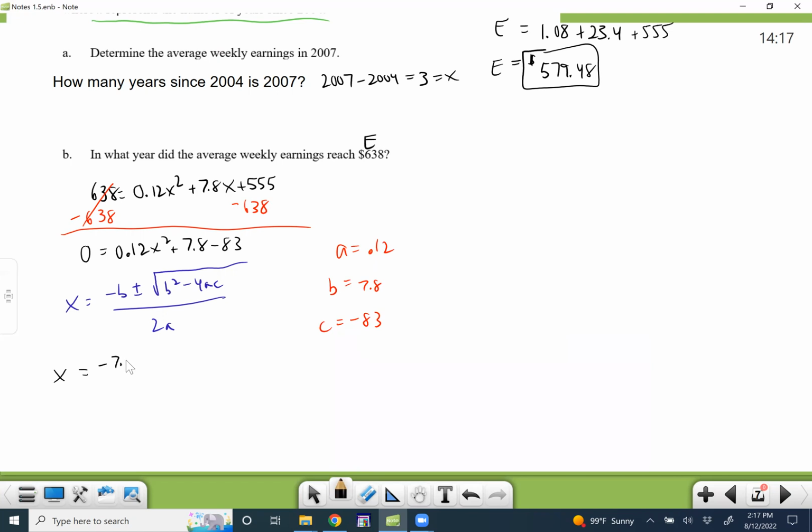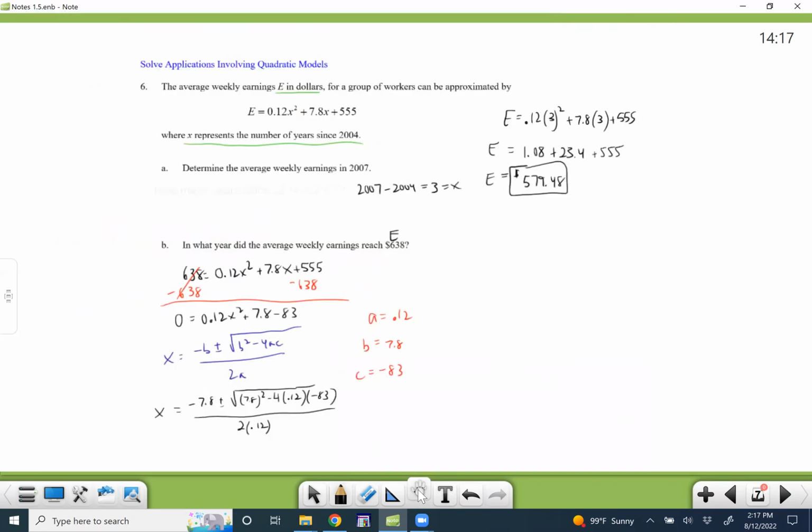So negative b plus or minus the square root of b squared take away 4ac, all over 2a. Let me see how far down the screen I'm getting, how small this is going to end up being.